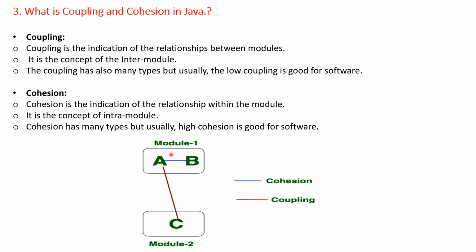It represents the relationship following the concept of intramodule. And here the brown line indicates coupling, the relationship between the modules. It follows the concept of intermodule. This is a basic we have to remember, and it is an important question for Java.